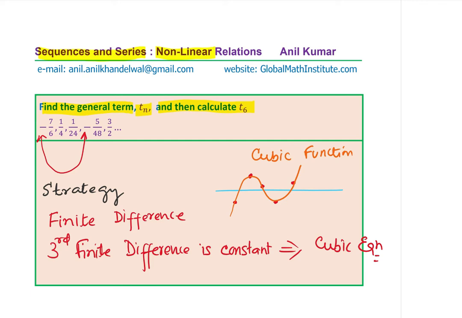Now, the second part of this question is that these are all fractions. So, how do we deal with fractions? Well, for fractions, the first thing is to get rid of the denominator. So what we look for is a common denominator.